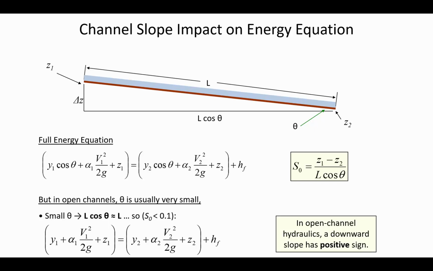We don't say minus 1% or minus 2% for these slopes, because the slope is always downhill. In very, very rare cases will you have what's called an adverse slope, where the water is flowing uphill briefly, temporarily, maybe like at a water park, where you have water going uphill just as a novelty for a moment. So by definition, downhill slopes have a positive sign.